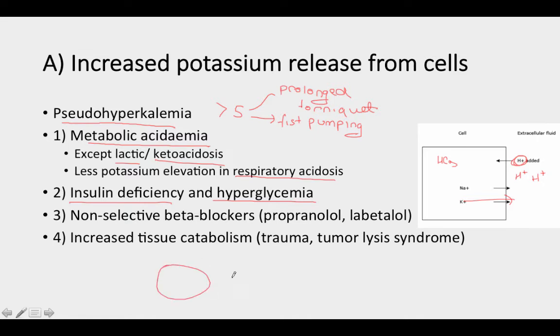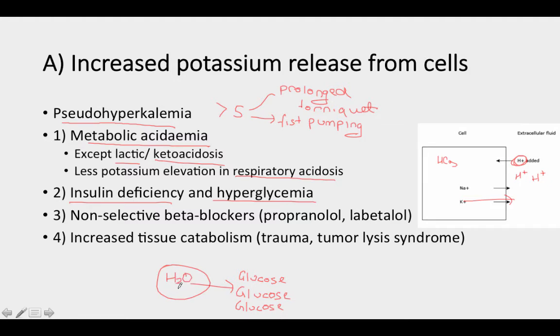Say this is a cell, and say you've got a lot of glucose on the outside. The first thing that's going to happen is because your serum osmolarity is increased, water is going to come from inside the cell out of the cell. And what does that mean for the potassium inside the cell?